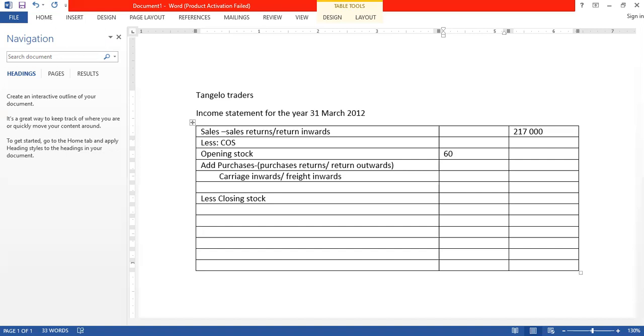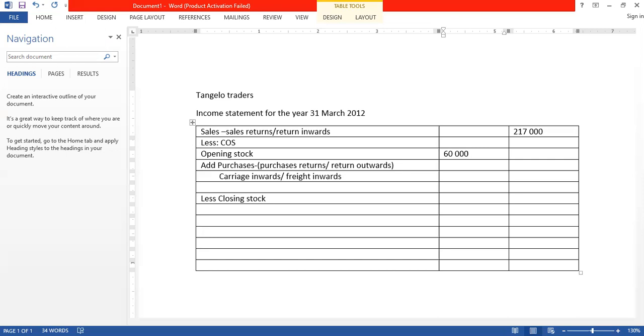Opening stock is the stock that is always on the first day of the month or the first day of the period. So it's always on the first. Opening stock is always the one given in the trial balance. Right? It's always the one given in the trial balance.